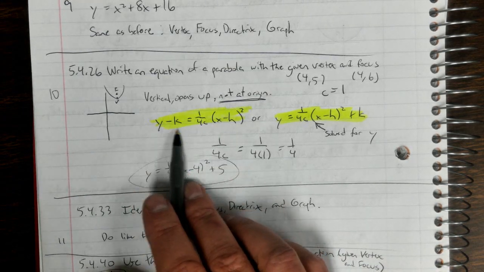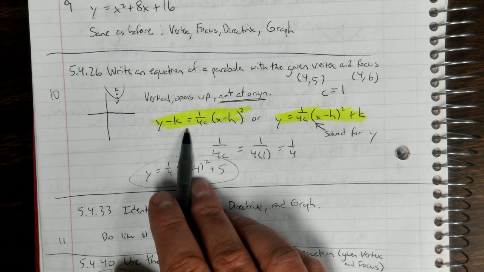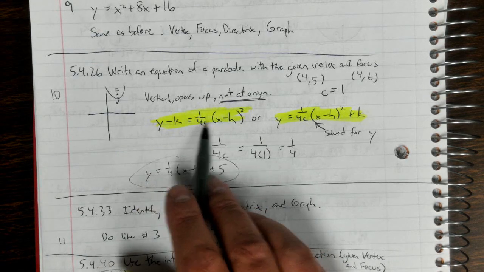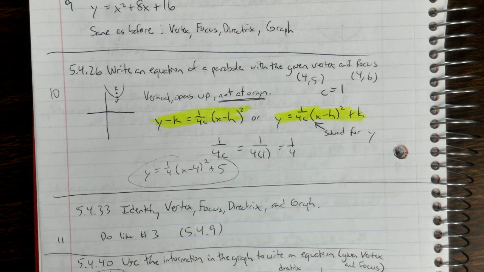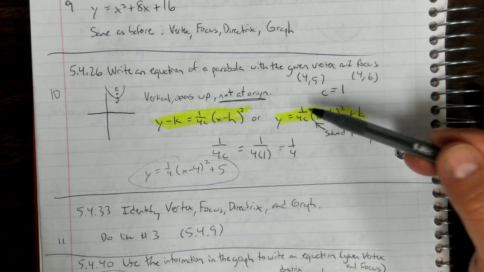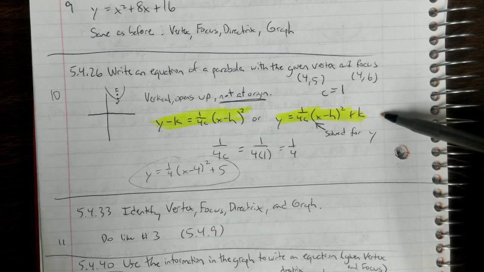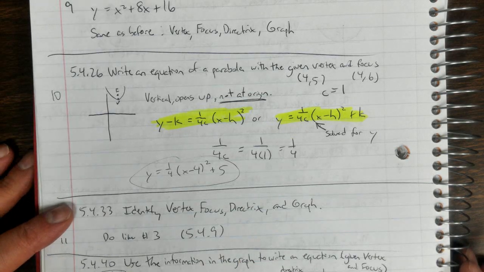So that's how you would normally think of it, but if you use the calculator or just in Math Excel, you have to move this k term over. So make it plus k. So you have y equal 1 over 4c x minus h squared plus k. So it's basically just solve for y.